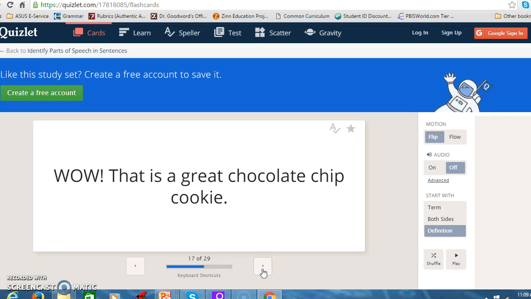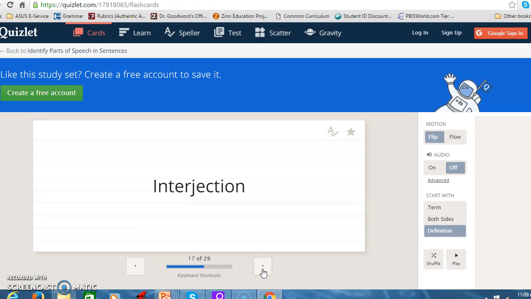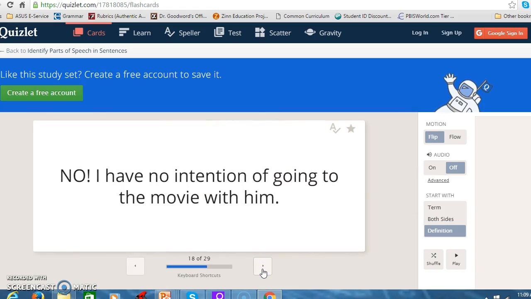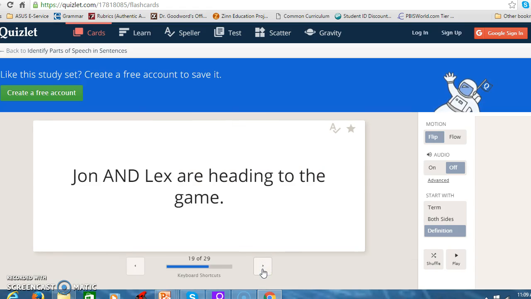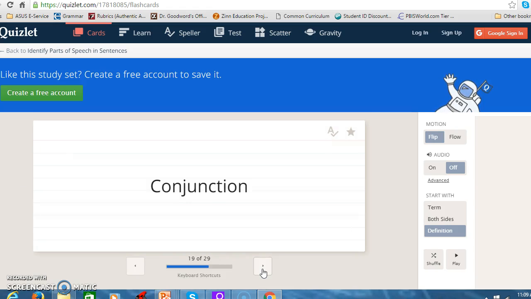You can remember that exclamation points often hint towards interjection. What do we have here? A word joining together two subjects. It is a conjunction.